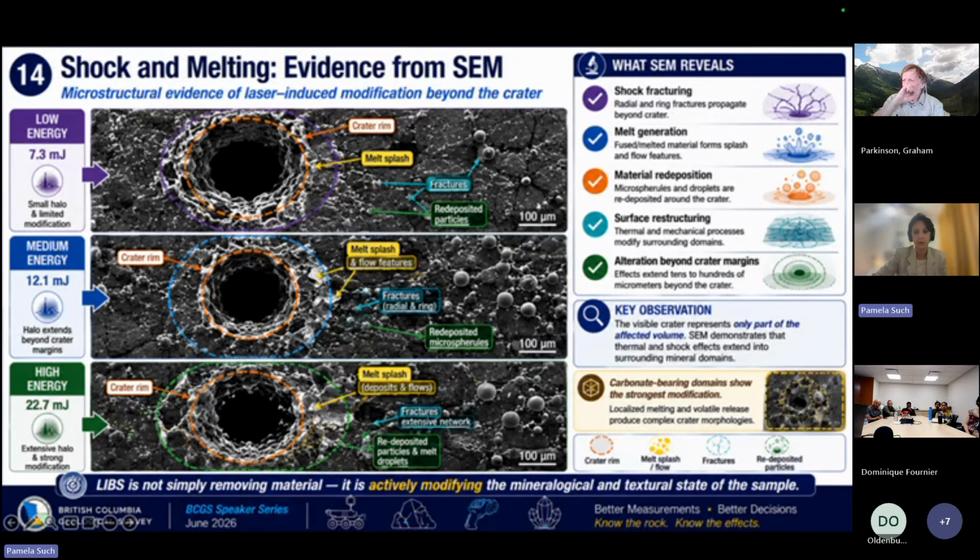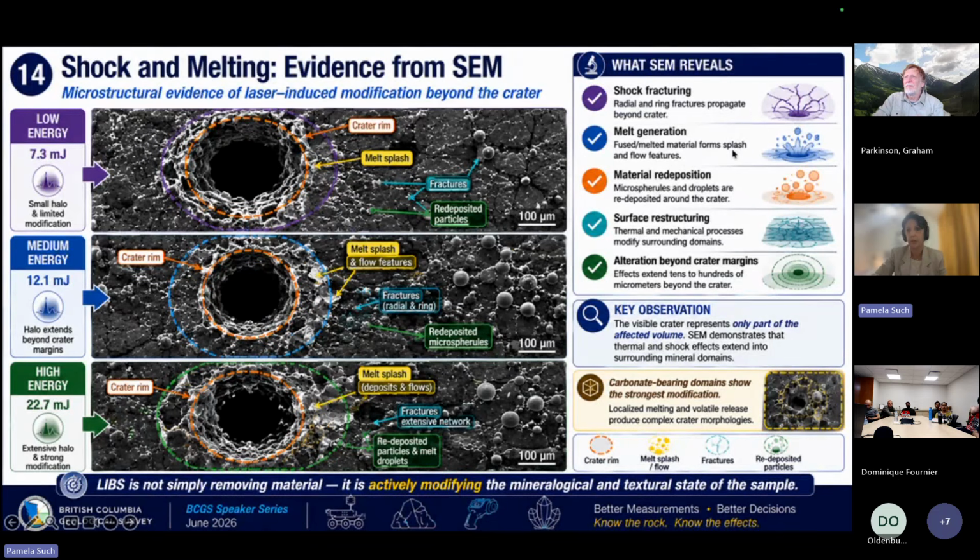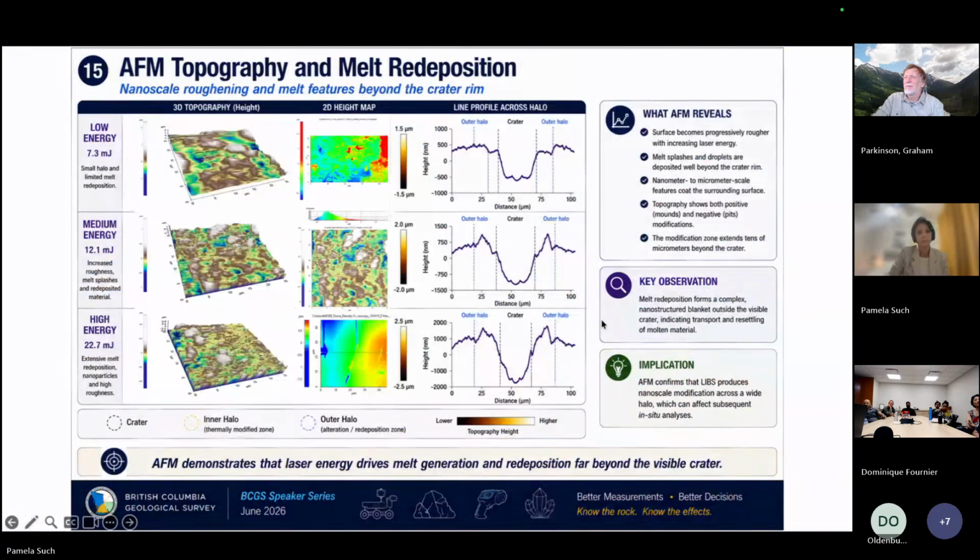The sample was recrystallized completely and was flowing as lava flows from a volcano, basically. So we created shock fracturing, melt generation, splash and redeposition of material around the sample, surface restructuring, and alteration beyond the crater margins.